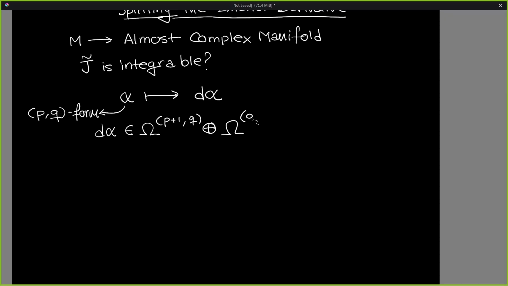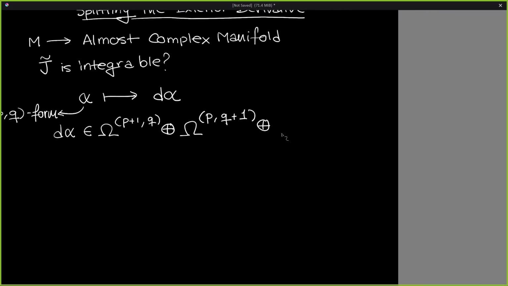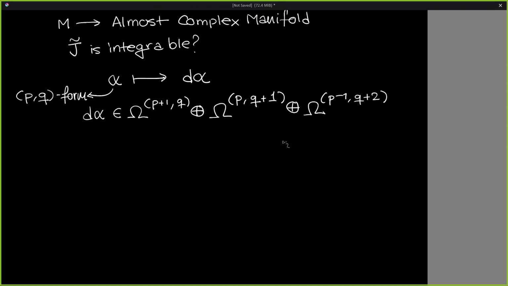Let me write the main part, which is p q plus 1, p minus 1 q plus 2, and the last one, which is omega p plus 2 q minus 1.